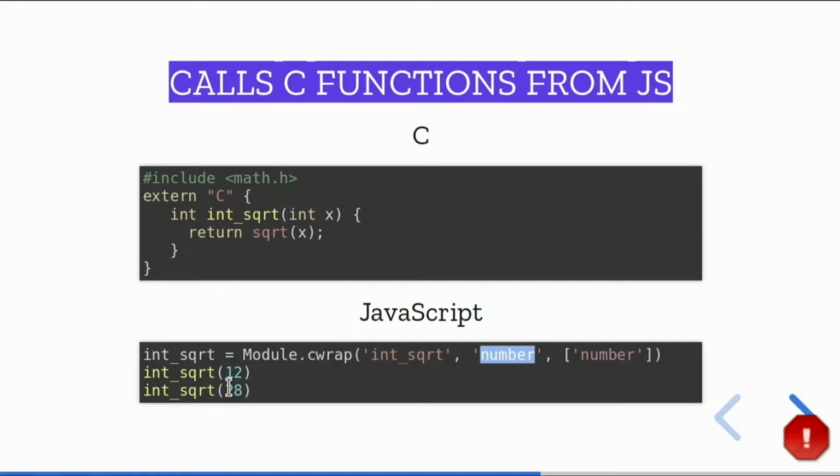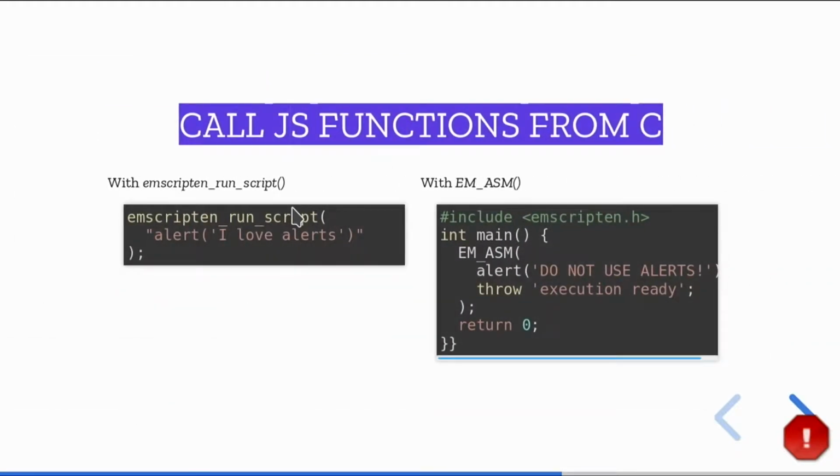So that's the idea. The idea is that code that requires a lot of CPU processing, you can do it with C++, and then from JavaScript, you just call it. And you will enjoy big performance. And you can also do the opposite. For example, if you like JavaScript alerts, you can define it with this call, emscripten_run_script.